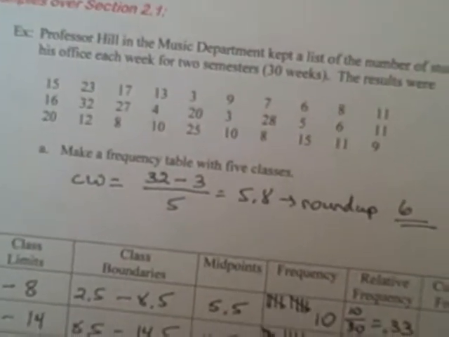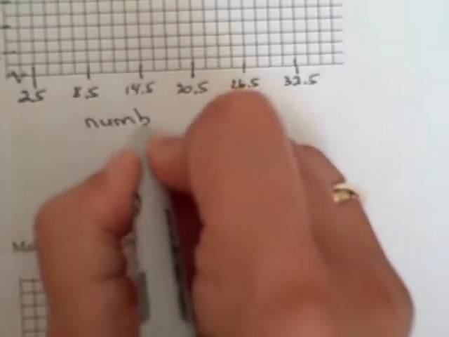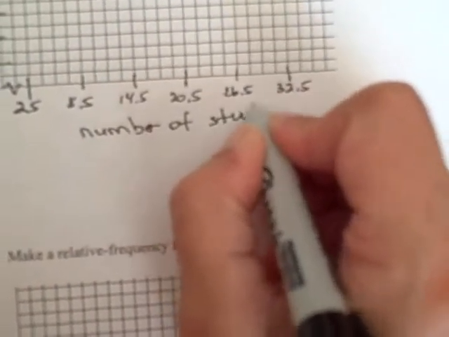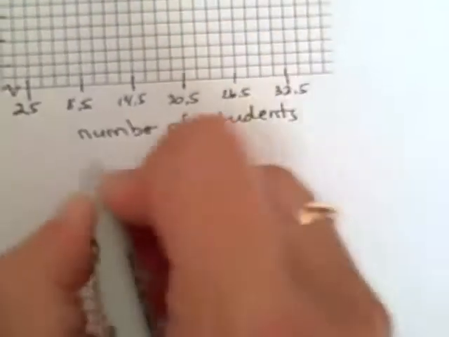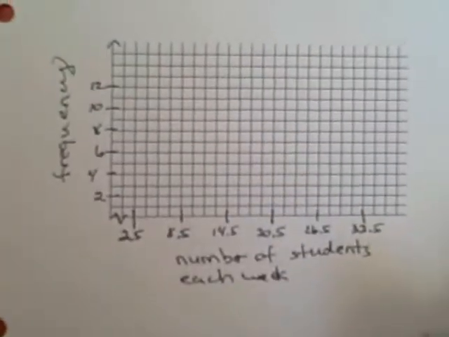What do our data values represent? It's the number of students visiting each week. So I'm going to put the number of students each week. Now, I need a title.